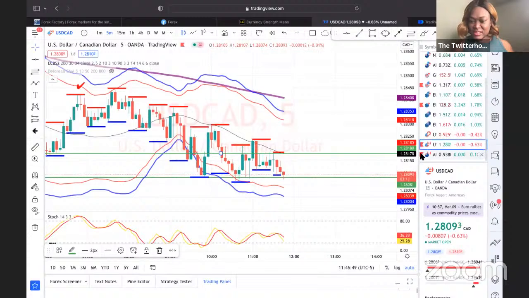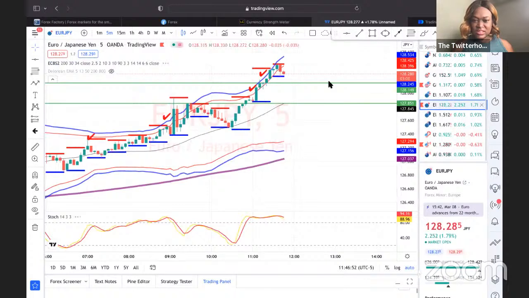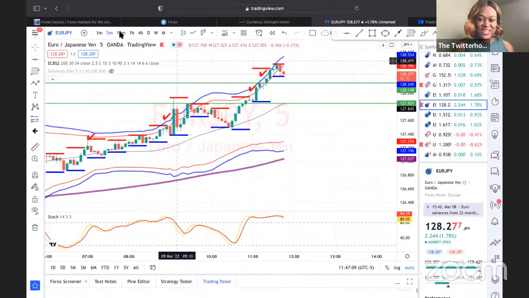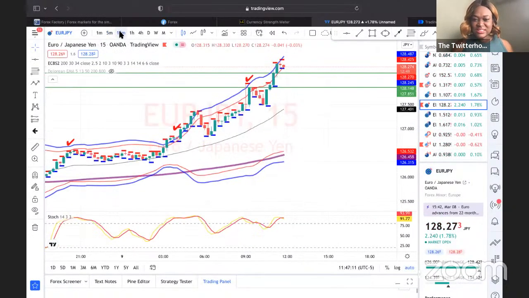All right, let's see. It's slowly coming down. This really is my ultimate, but I feel like let me turn around right there. I need it to come down here. All right, USD CAD it is.